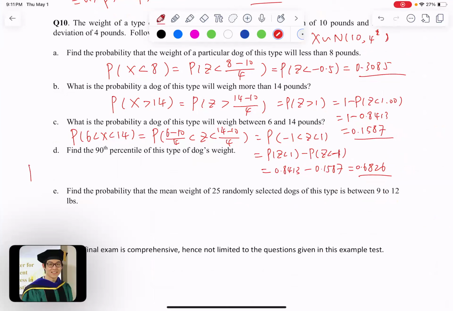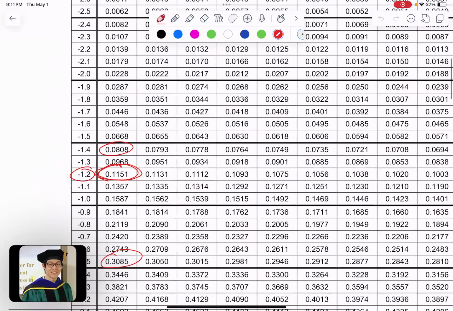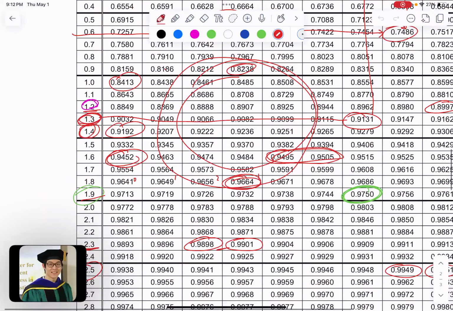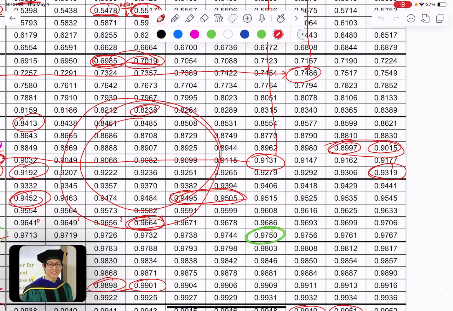And the 90th percentile, right? Probability of x smaller than p90 equals 0.9. So that is probability of z smaller than p90 minus 10 over 4, which is 0.9. So we check 0.9 backwards, right? 0.9 is between those two, right?